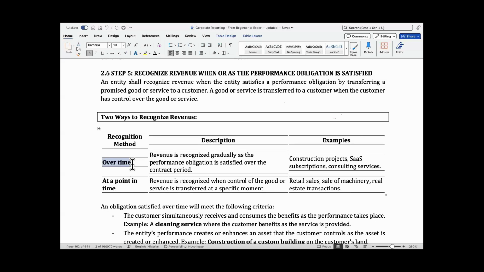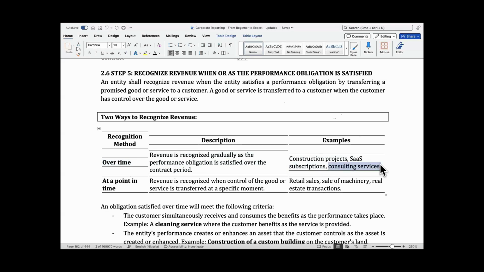If your services are rendered over time, revenue is recognized gradually as the performance obligation is satisfied over time. Just like when you are handling a construction project, or providing software as a service, or having a 1-year gym subscription, or you are into consulting, or carrying out audit services, and your client paid you 1 million for 4 or 5 months.